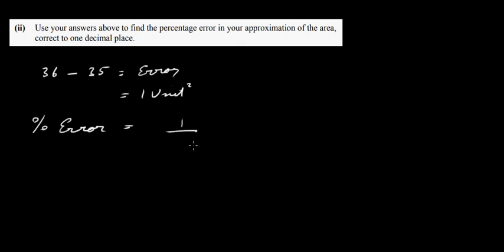The accurate value is what we got when we integrated, so that's 36. We've got to multiply that by 100, and that gives us 2.8%. And it says give your answer correct to one decimal place, so that's what I've done, one decimal place. Okay, so that's question 3 completed.